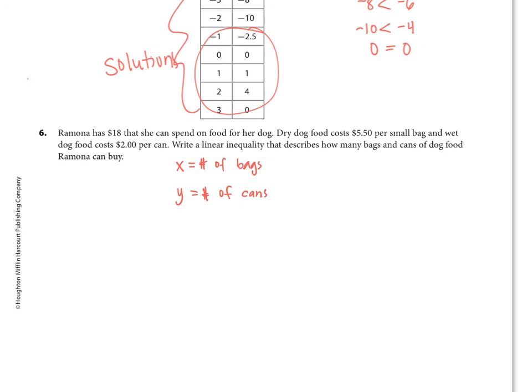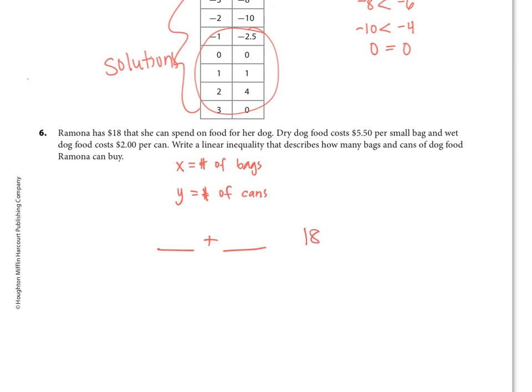So I'm not going to completely write this whole inequality for you. Inequality means you need to have an inequality symbol. So it's important that you don't put an equal sign in this. And I know some of you tend to do that. So if I were to take the total price of the dry food plus the total price of the canned food, we know that that's going to have something to do with the 18 bucks that Ramona can spend.